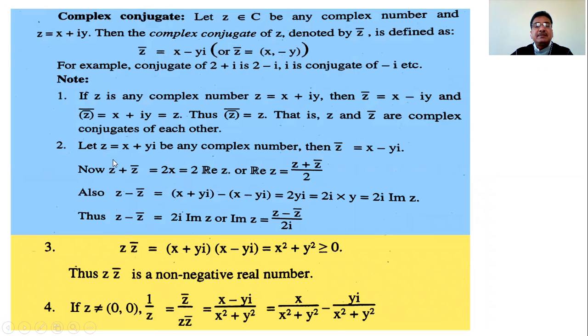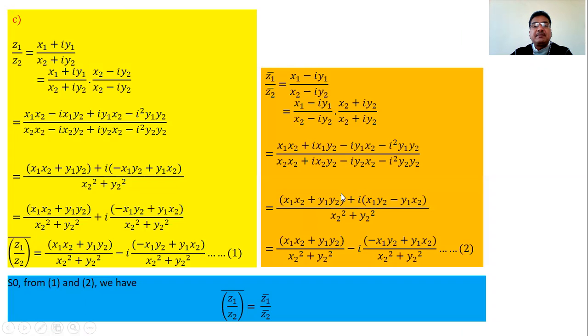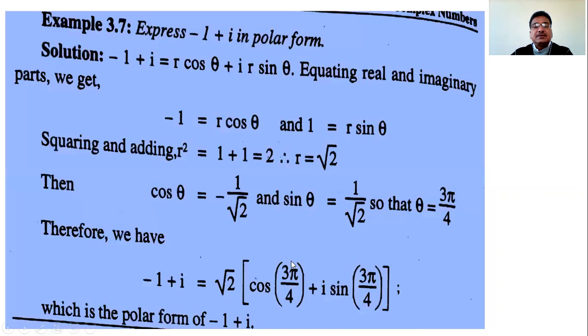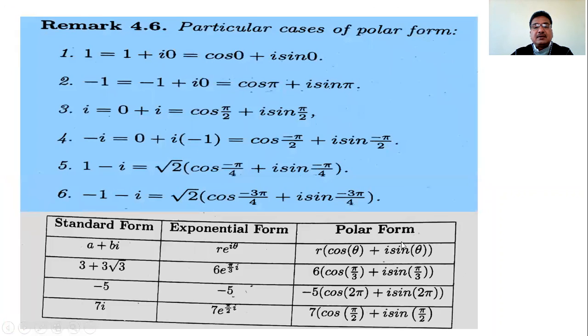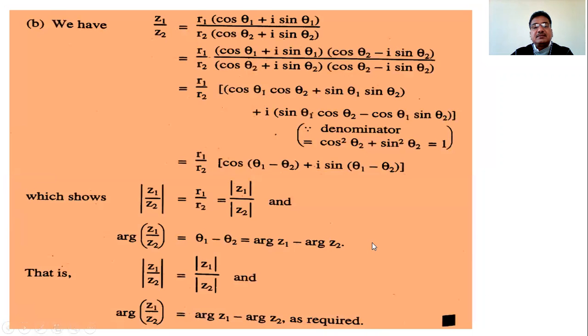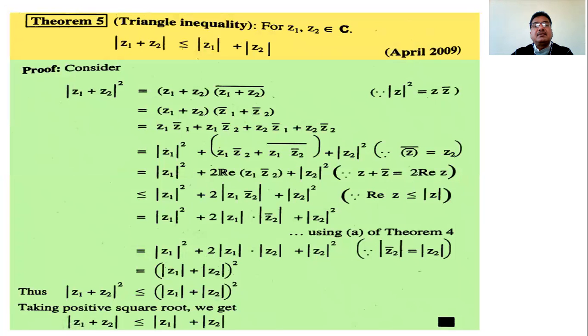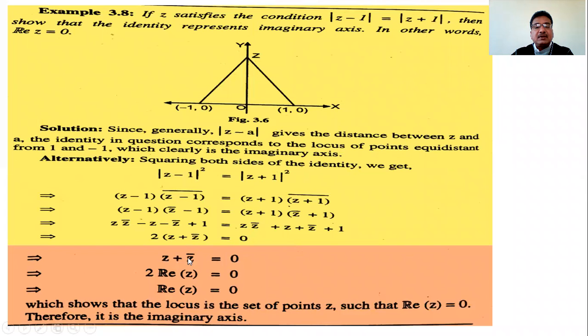And Z plus Z bar is 2 times the real part of Z, because Z plus Z bar is 2x. 2x means 2 times the real part of Z. So here is the example: Z plus Z bar is 2 times the real part of Z, because Z is x plus yi, then Z bar is x minus yi, and x plus x and minus yi plus yi give 2x. 2x means 2 times the real part of Z. x means the real part of Z. And then we have the real part of Z is 0.